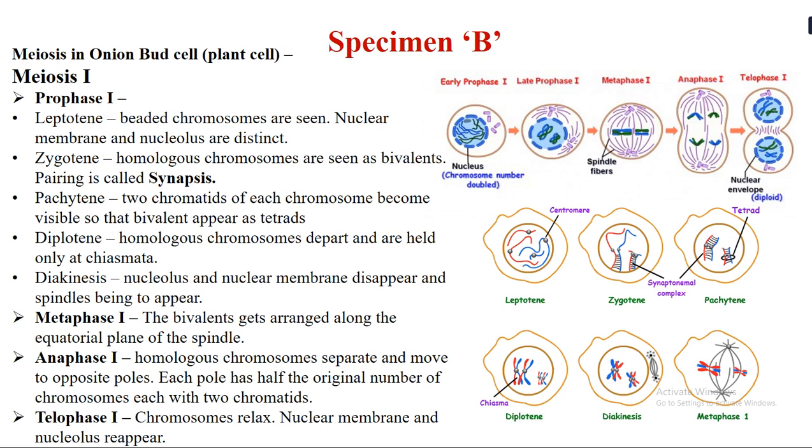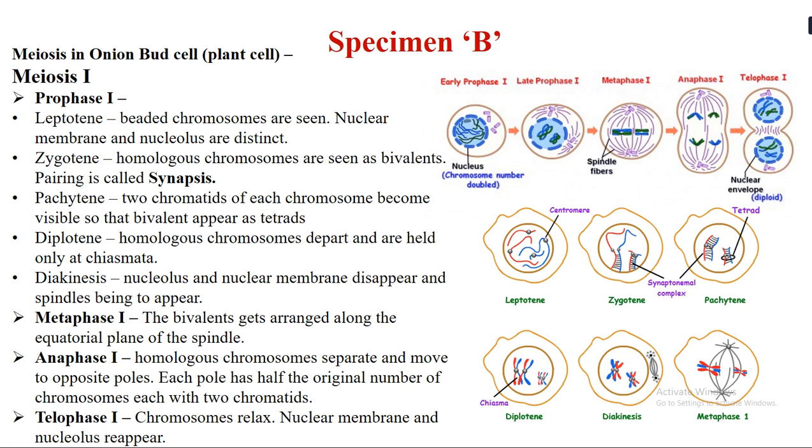Now, students, as you all know, meiosis is a reductional cell division that divides a diploid cell into 4 haploid daughter cells. This process of meiosis occurs in germinal or reproductive cells to produce the gametes. It involves two divisions: meiosis 1 followed by meiosis 2.